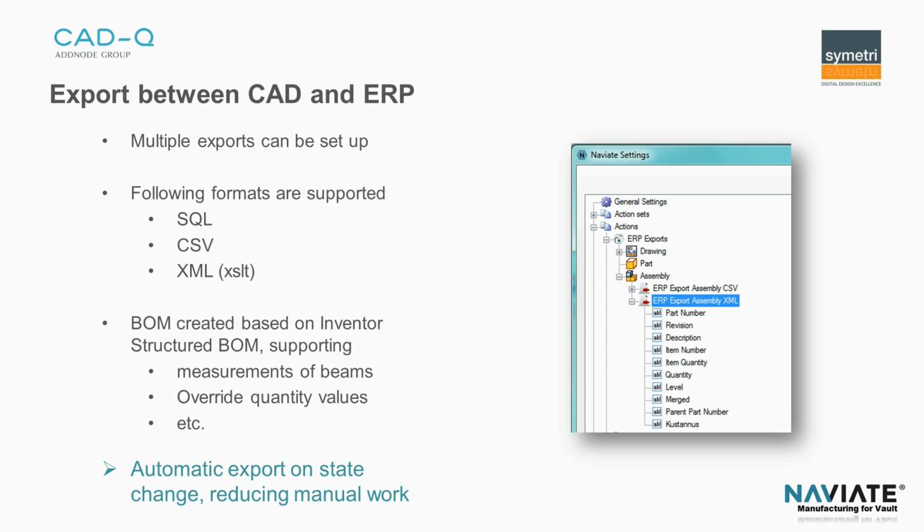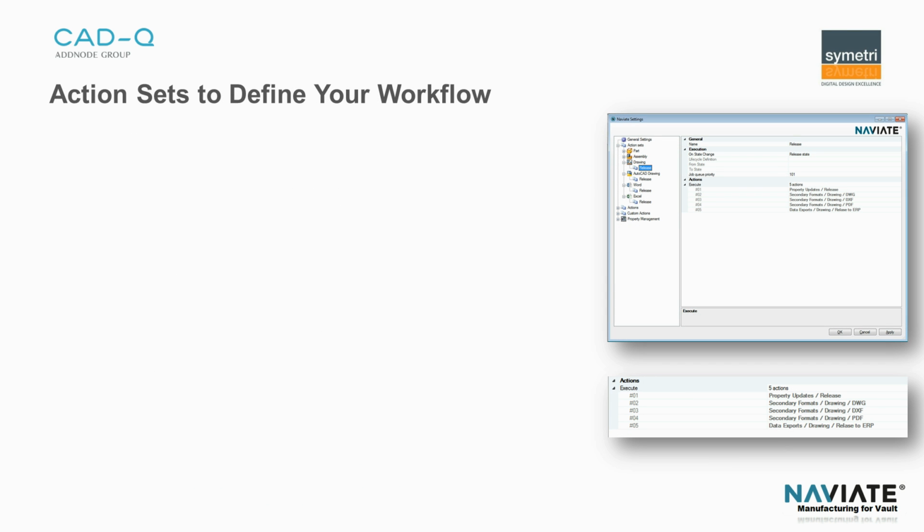With the Naviate software, we have the ability to export the data ad hoc as the user requires, so we can right click on an assembly and output its BOM, or we can integrate this as part of the workflows. The way this is done is using something called action sets.